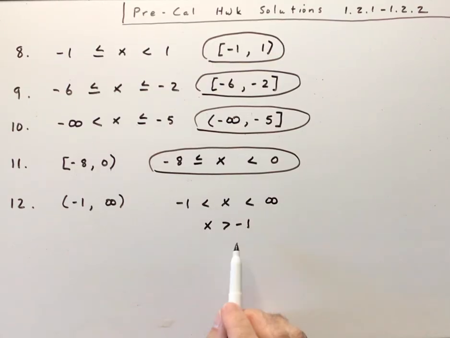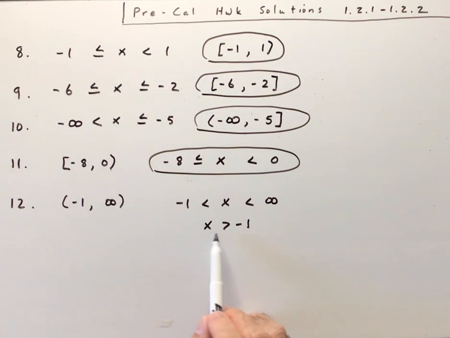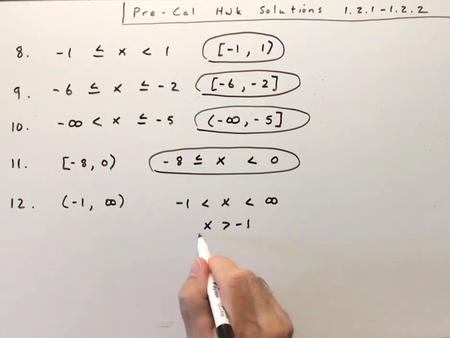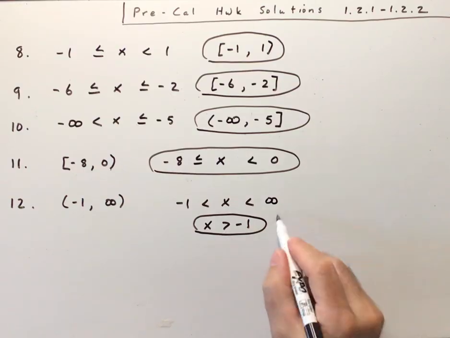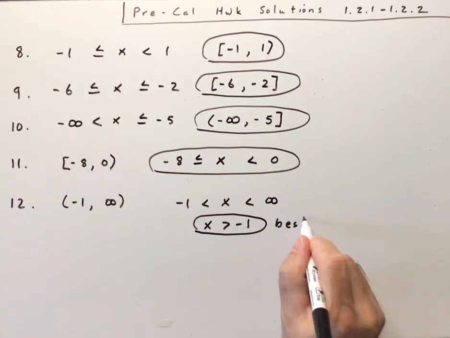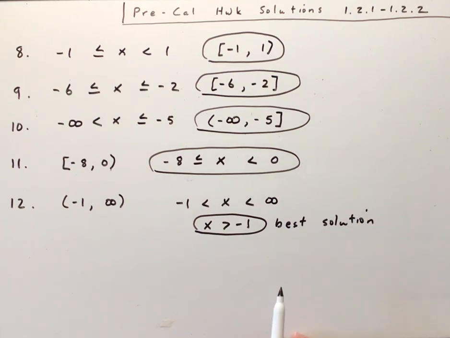Would that also be true? Okay, so if x is greater than -1, that's the exact same thing as this, right? And the exact same thing as this. And mathematicians would prefer you to write it the simpler way. So we're going to go with this as the best solution. All right, so if you were to draw that out on a number line, you would see it that way.